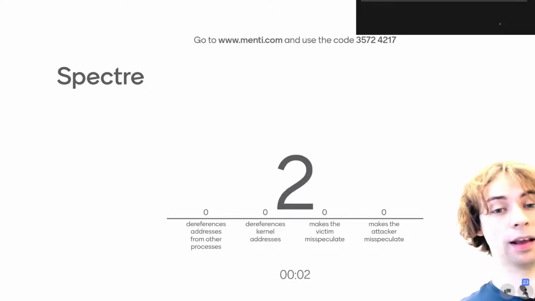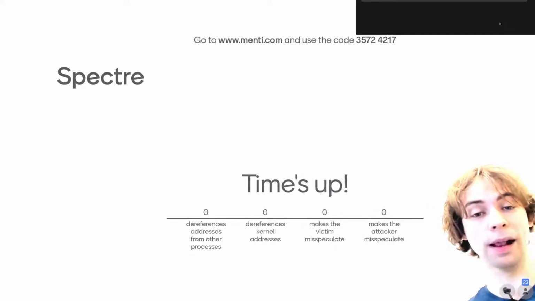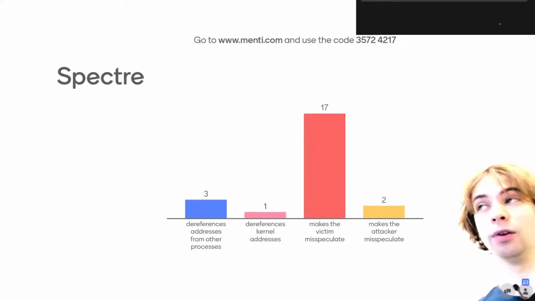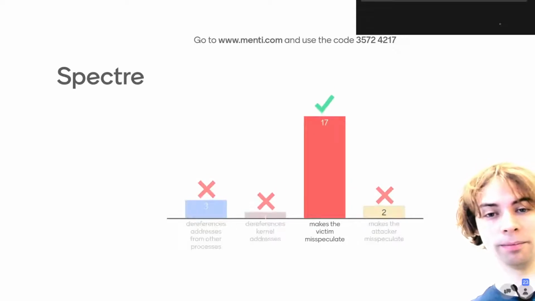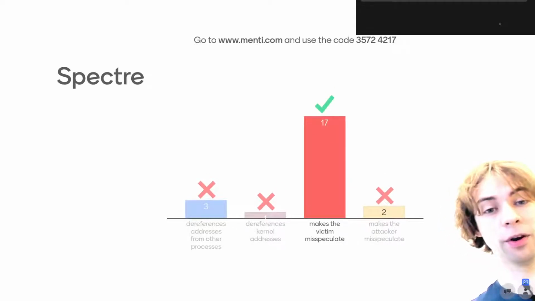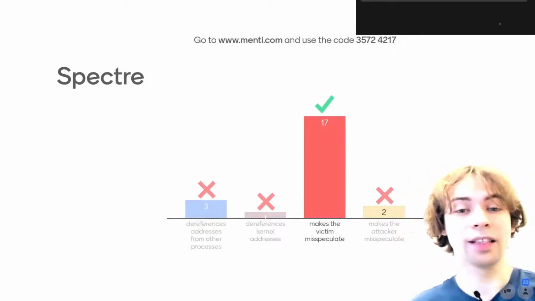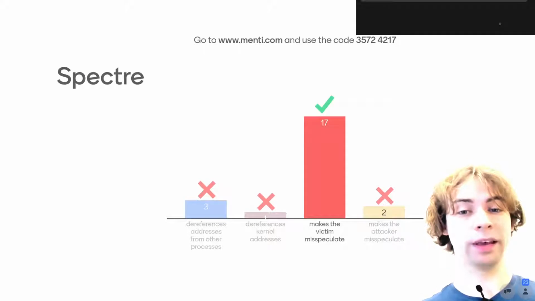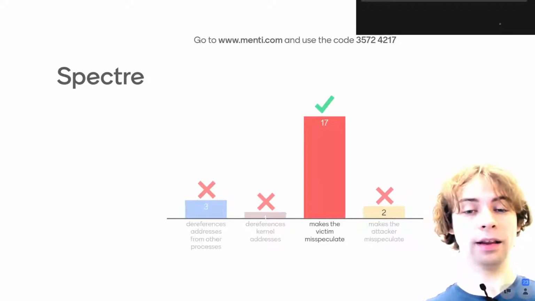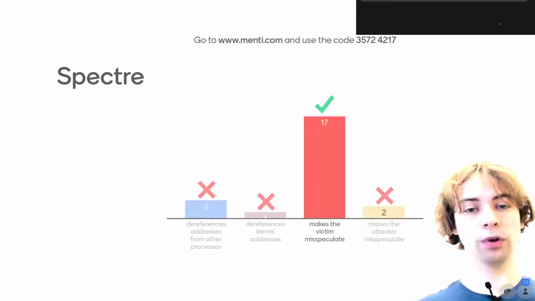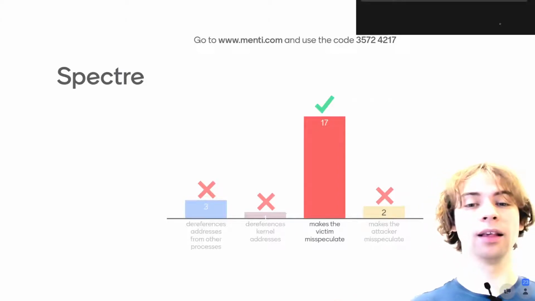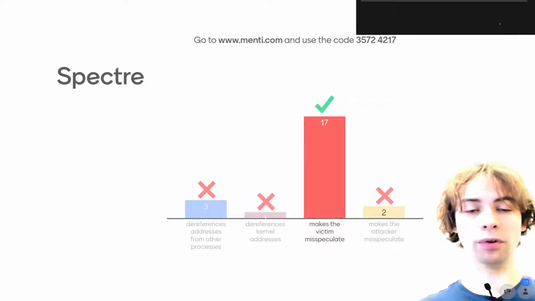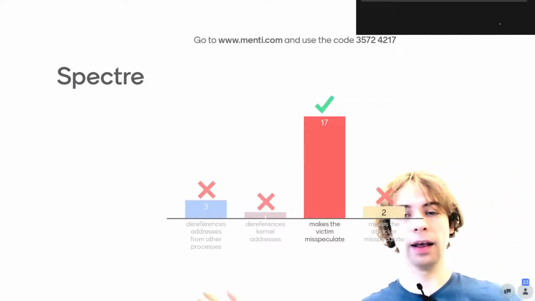That's the difference to Meltdown, where, well, you could say the kernel is the victim, but the kernel doesn't do anything. The kernel doesn't have to actively compute anything. In Spectre, a victim has to actively do something so that you get the data. And the victim would misspeculate and access certain memory locations. And from that, you get the information out of the transient execution.